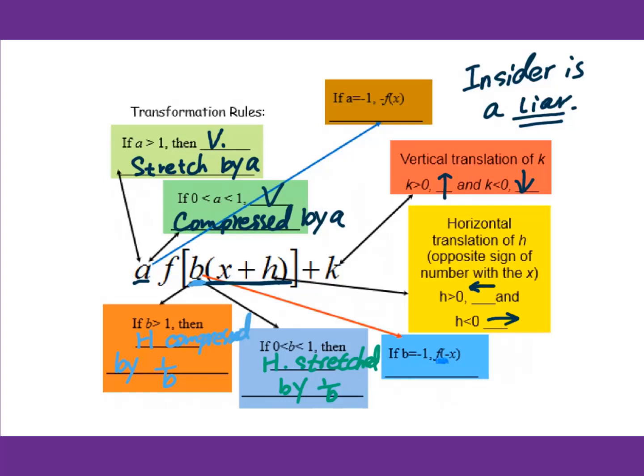When a equals -1, you will get negative f of x will be reflect across x-axis. When b equals -1, that will be reflect across y-axis. See, for this b and also this h, it's a liar, which means will be opposite what it is.